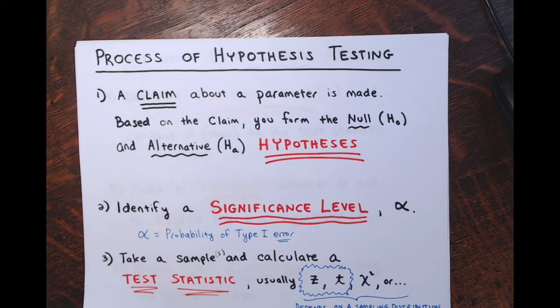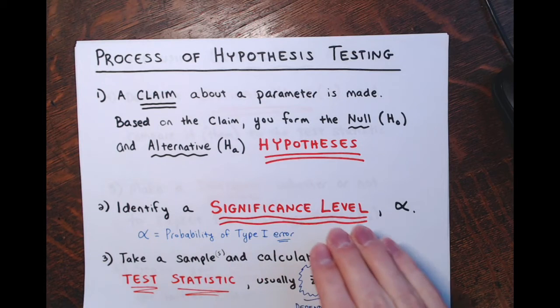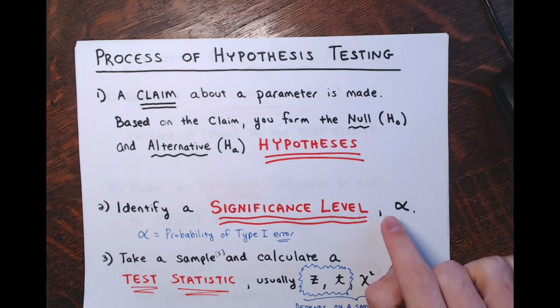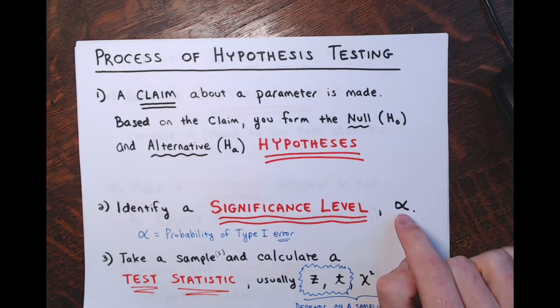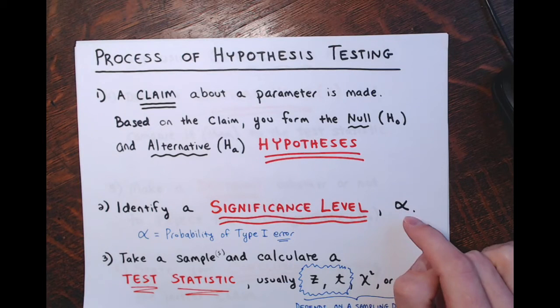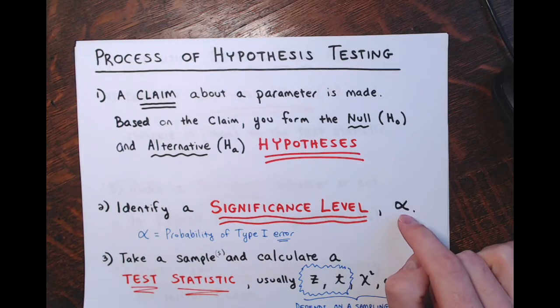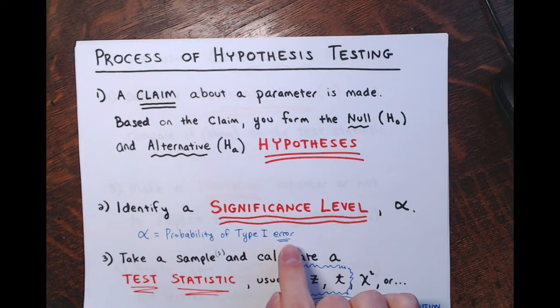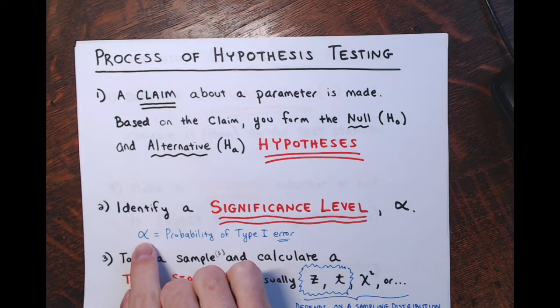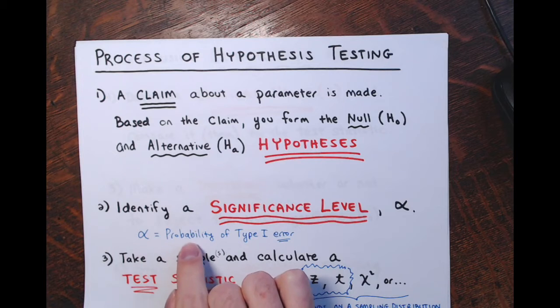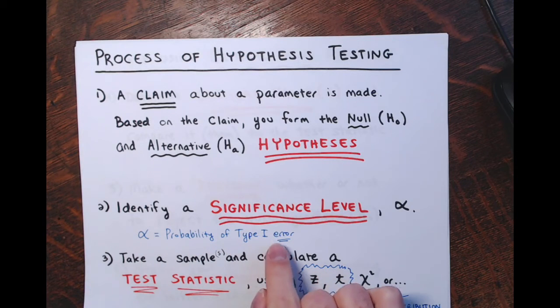Then identify a significance level. This significance level is called alpha, the Greek letter alpha. Looks like a little ribbon or a fish or something. This alpha will be talked about in another video as well. This alpha is the probability of making a type 1 error when performing your hypothesis test.